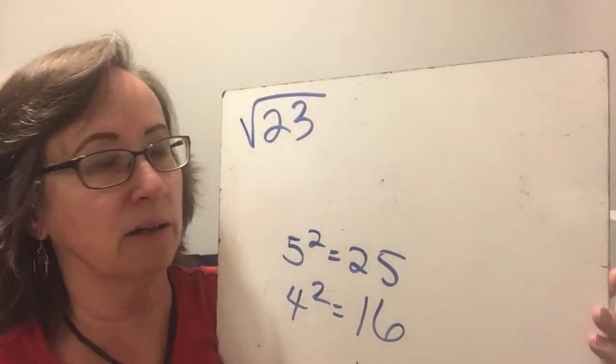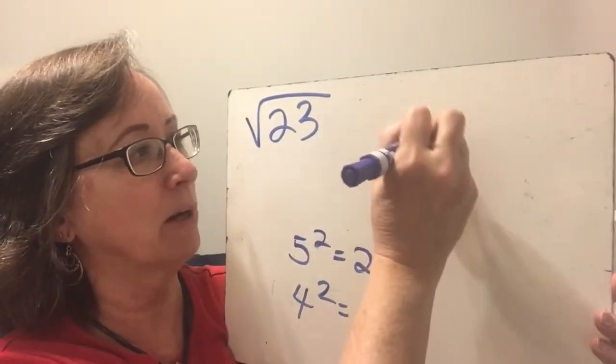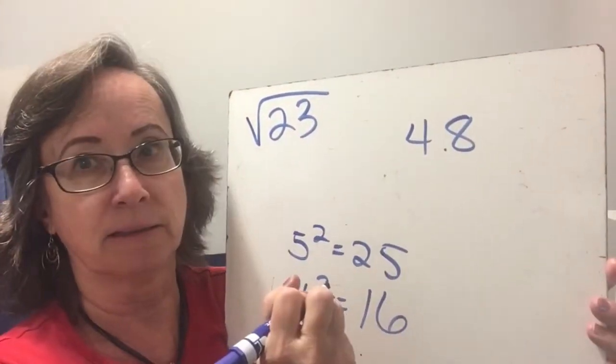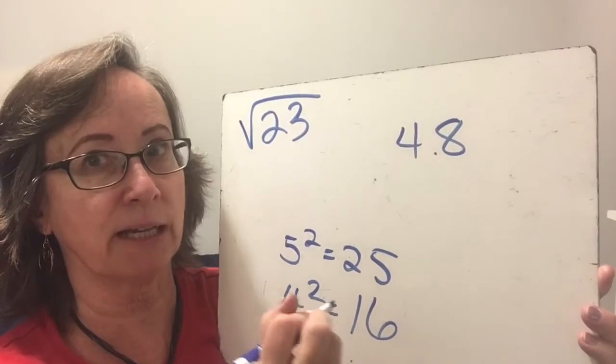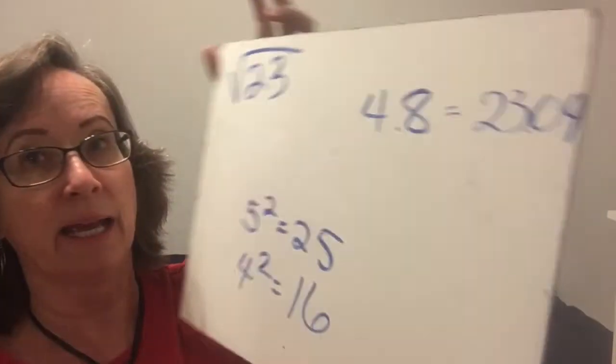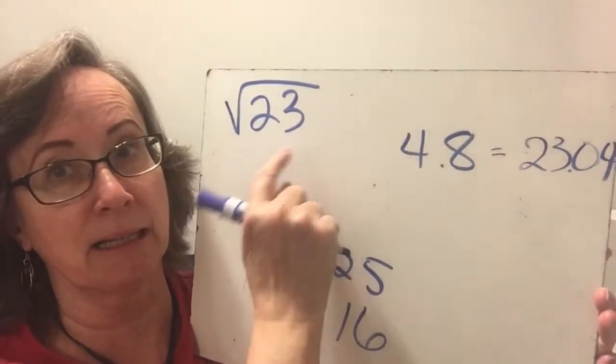So why don't we try 4.8? Okay, because we're just trying to get to the nearest 10th. So we're going to try 4.8 and square that, and we're going to get 23.04.